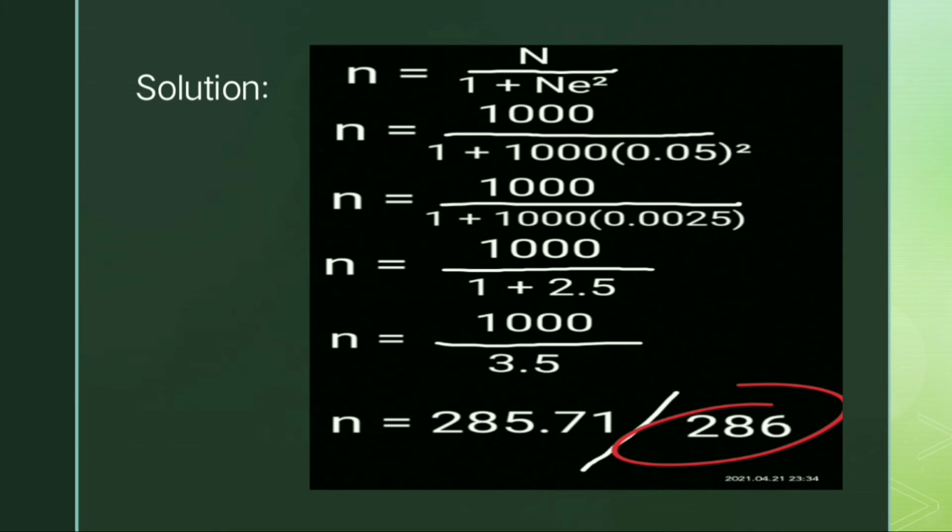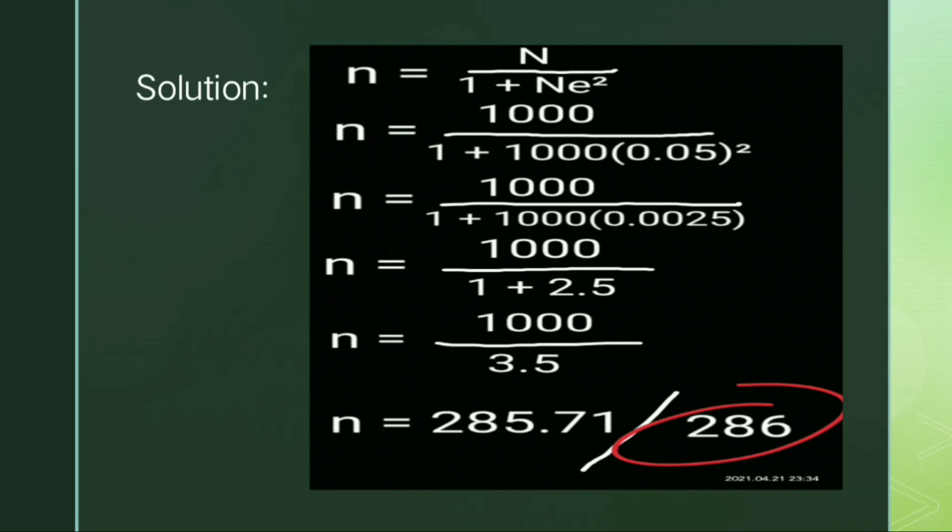So, isa-substitute lang po natin yung ating given values dun sa ating Slovin's formula, which is magiging n is equal to 1,000 over 1 plus 1,000 times 0.05 squared. So, ang atin po munang kukumputin is yung ating nasa denominator, which is yung nasa loob ng parentheses.